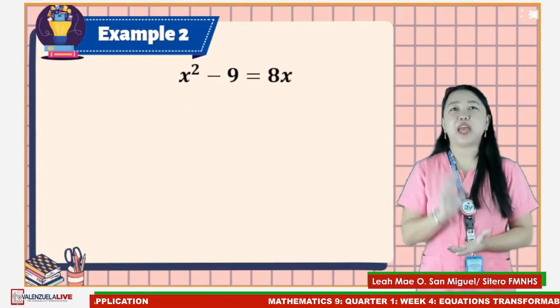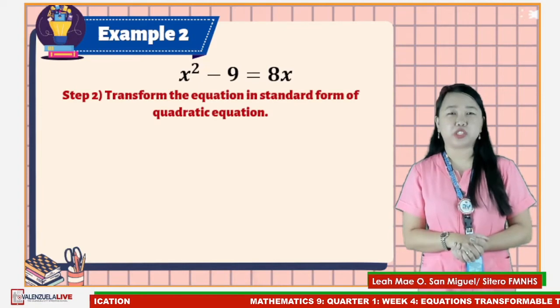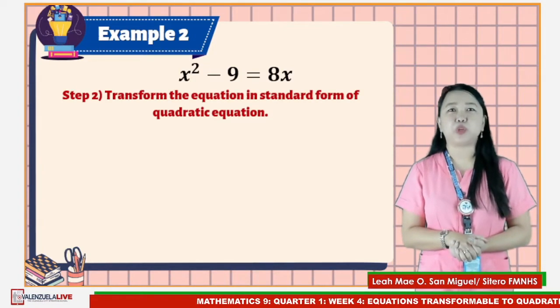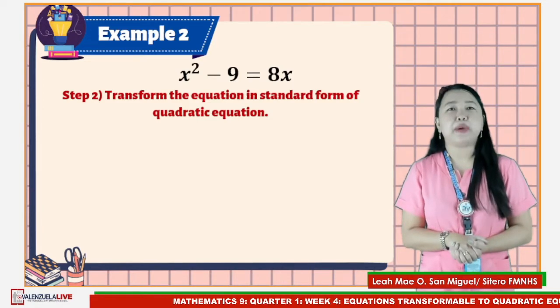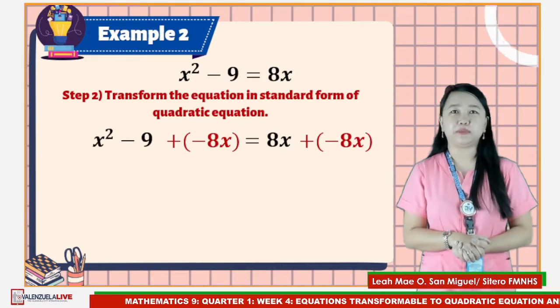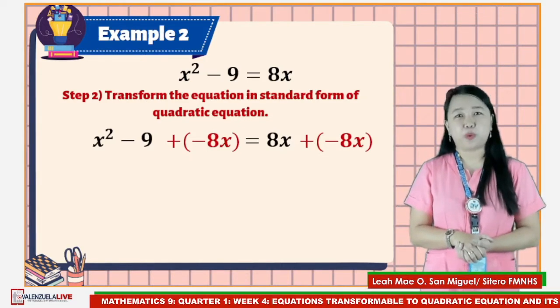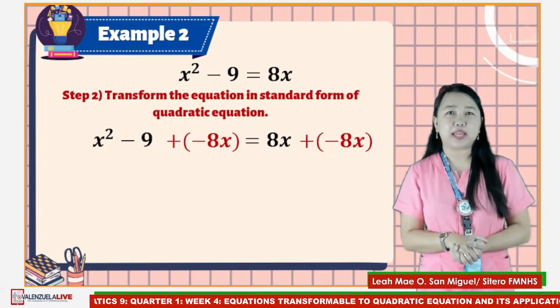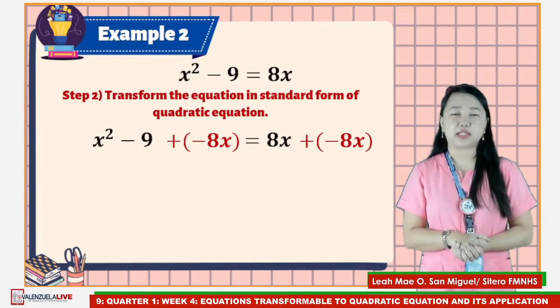Step 2. Transform the equation into the standard form of a quadratic equation. Applying the addition property of equality by adding negative 8x on both sides of the equation, we have x squared minus 9 plus negative 8x is equal to 8x plus negative 8x.